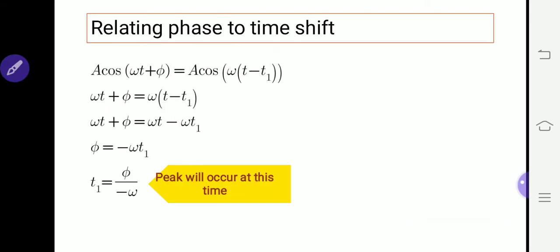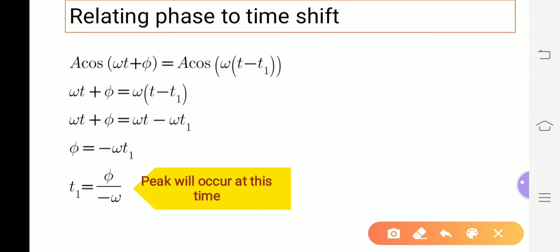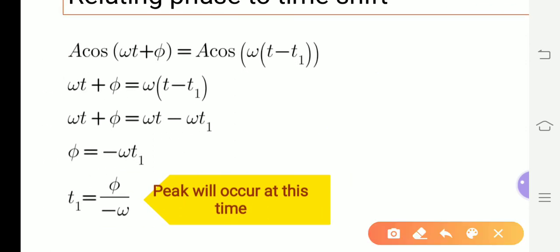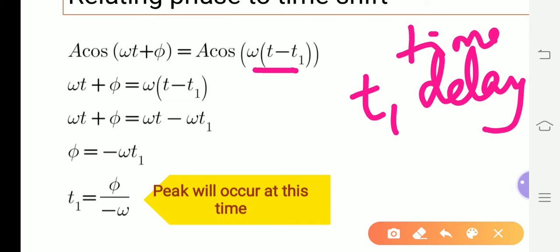Next, we try to relate the phase to time shift. If we zoom in a little bit, we have A cos(ωt + φ). We can rewrite the bracket term into ω(t − t1). The t1 here is some form of delay or advance, a time delay or advance.